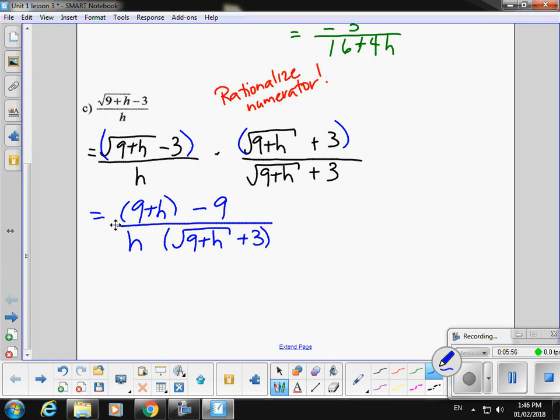If you notice on the top, you have a 9 and you have a negative 9. Cool. So I'm left with an h, and I am dividing h by h in the bottom. So I end up dividing out those as well. Sorry, they just crossed off. That was just silly. Okay, final answer. 1 over root of 9 plus h, subtract 3.